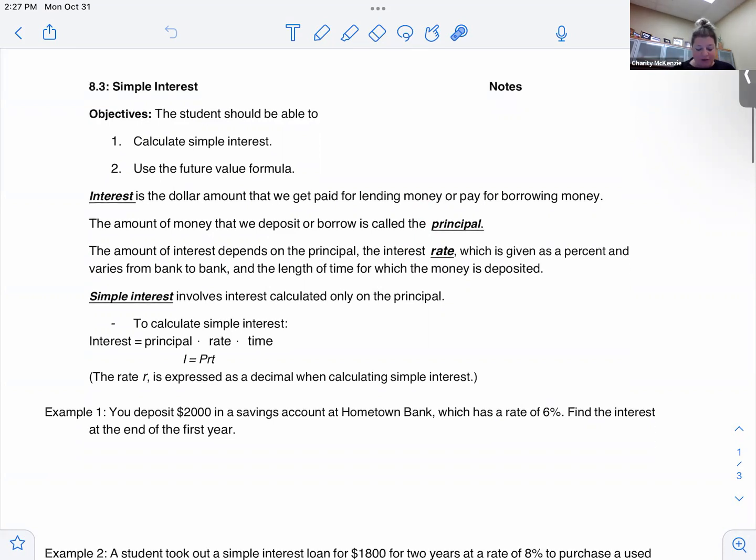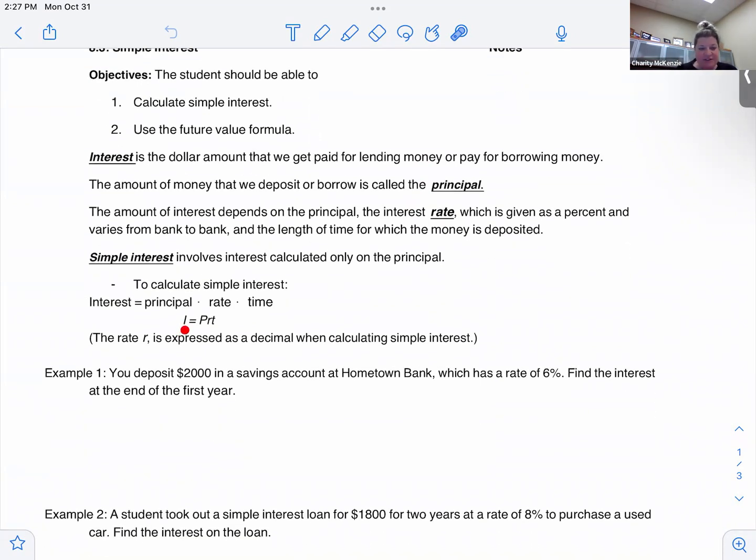And the way simple interest works is the interest, I, is equal to P times R times T. So if you take your amount of money times your rate times your time, T is time, that will give you your interest, how much interest you owe or you pay. Owe or pay is the same thing. You either get or you pay.